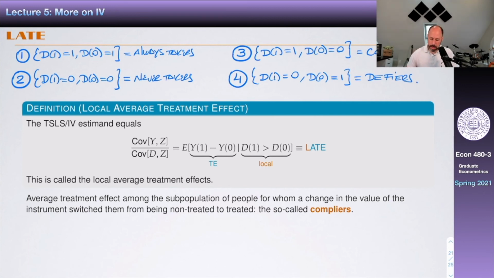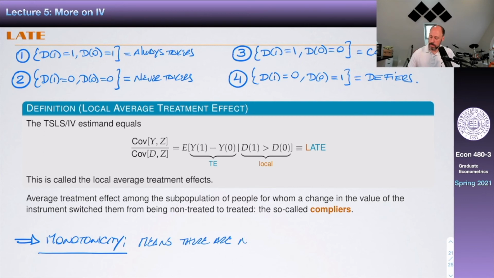So when you see all this, you should realize that monotonicity means there are no defiers. Monotonicity is saying this group of individuals here at the top does not exist.